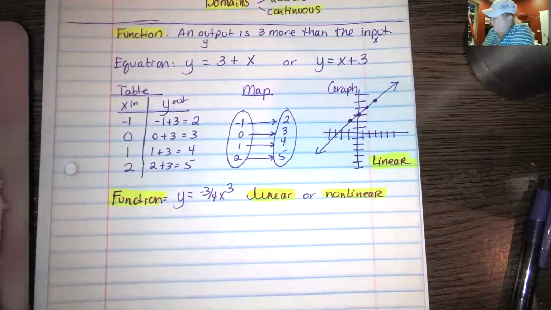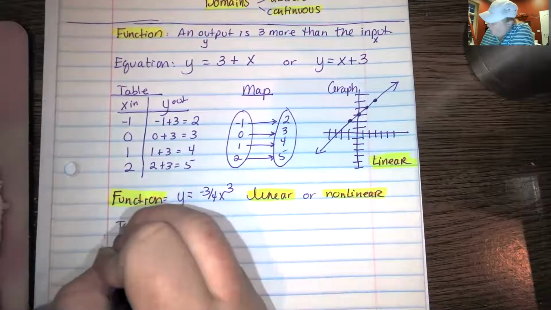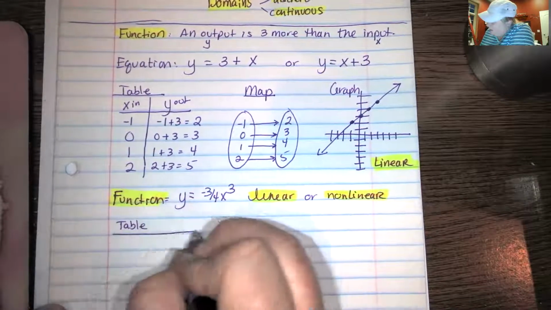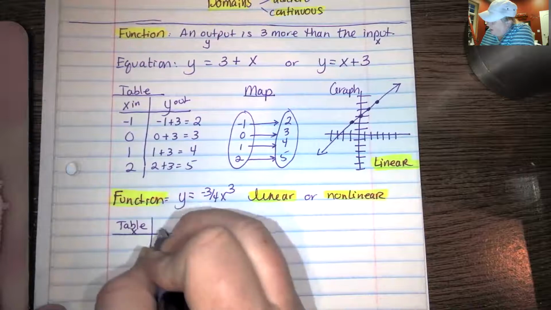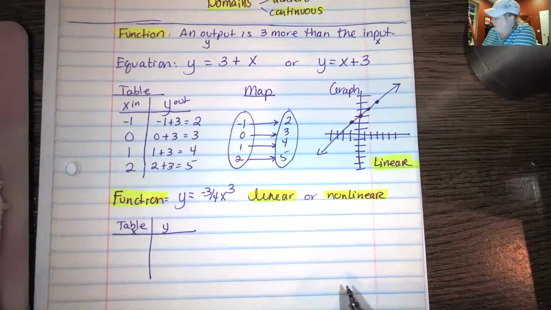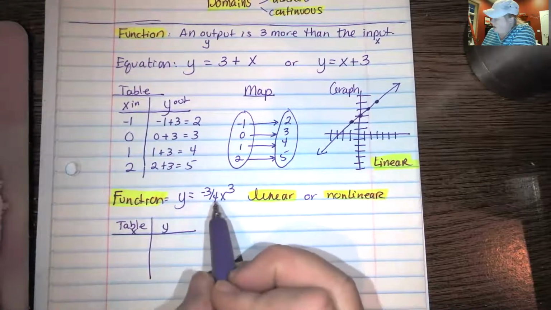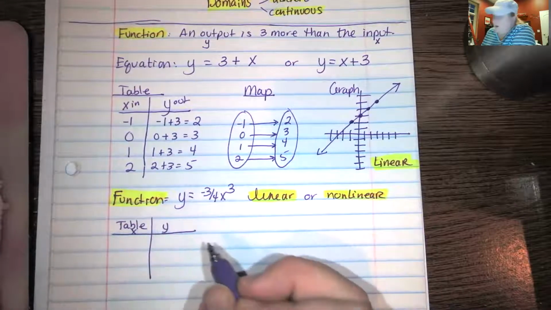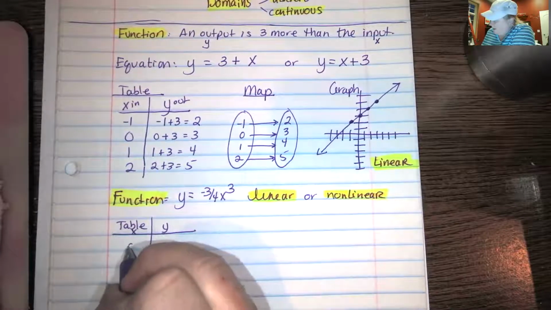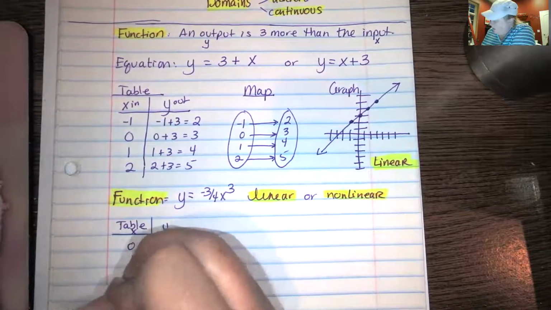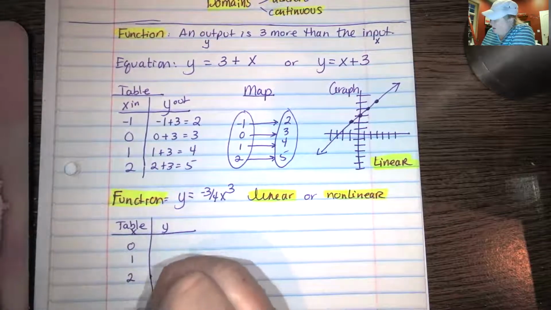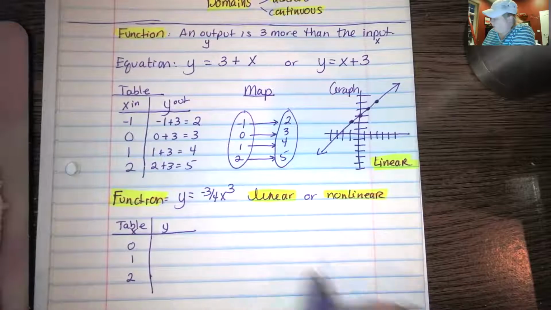Okay. Well, if we don't know, one of the ways that I would do is I would do a table of in and out. Okay. So the first thing I would do is I would just start with some easy points and maybe 0, 1, and 2 and see where I've got to go from there.